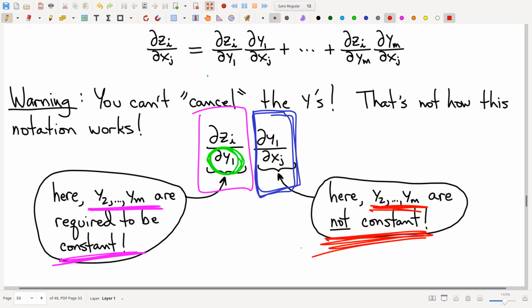You're changing one of the inputs that determines these other y variables. So these are completely different scenarios.